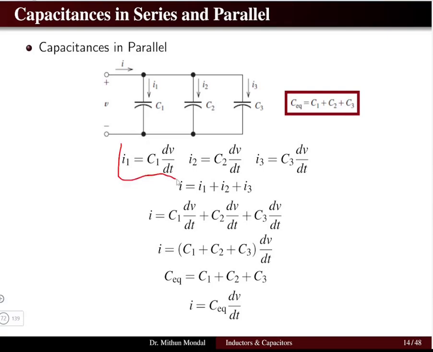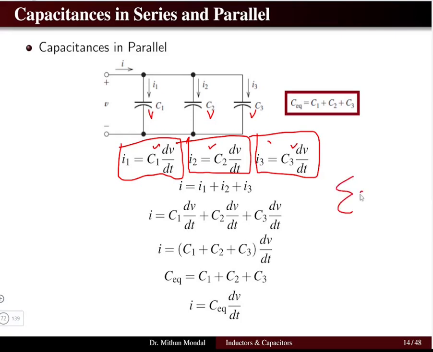First, we will find out the individual current through each capacitor. So you know that I is equal to C dV by dt. Voltage remains constant for all the parallel connection. There is only division of the current. The capacitor values are different, C1, C2 and C3. Now, the KCL equation: the summation of the currents is the total current. So I1 plus I2 plus I3 is the total current.